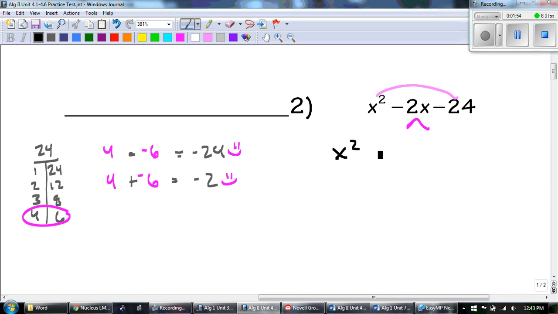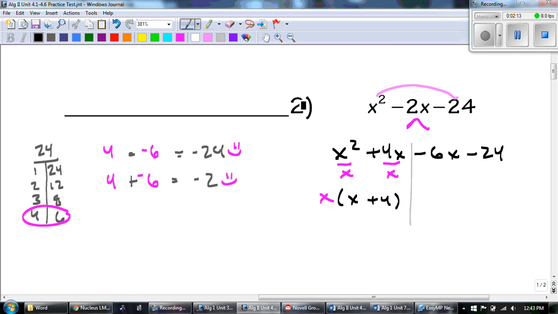All right, we have x squared plus 4x minus 6x minus 24. We draw the line down the middle. I take out the GCF of the first group, which is an x, and then we're left with x plus 4.